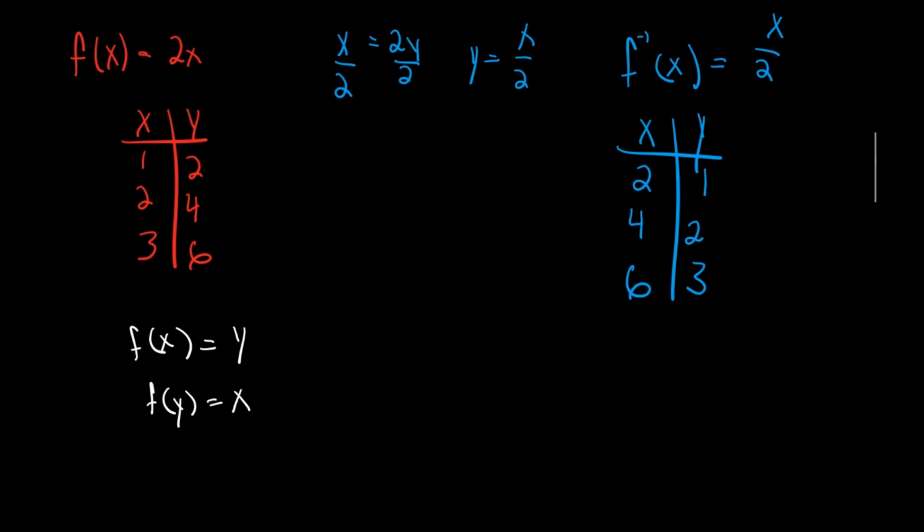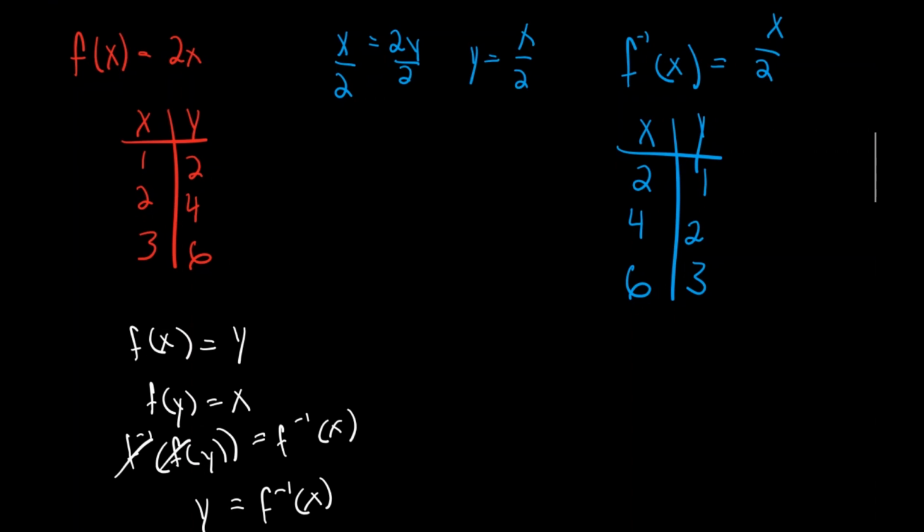Now we want to find the inverse, so we do the inverse of f of y, which is going to be equal to f inverse of x. This will just cancel, so we're left with y is equal to f inverse of x. This shows us our inputs are now our outputs with the inverse, and our outputs are now our inputs.